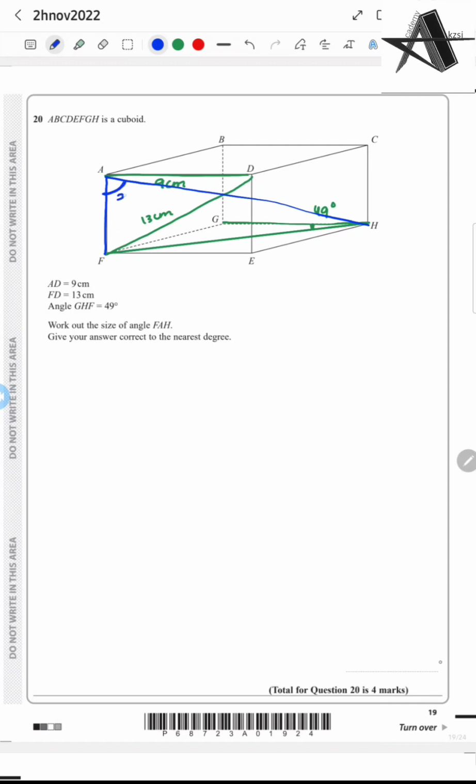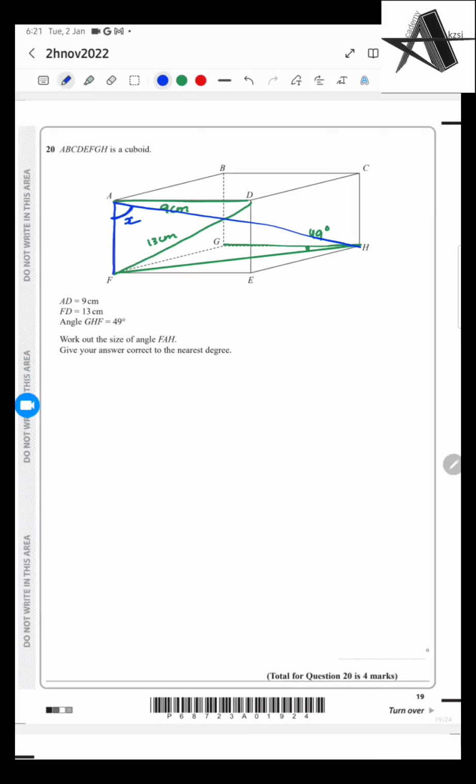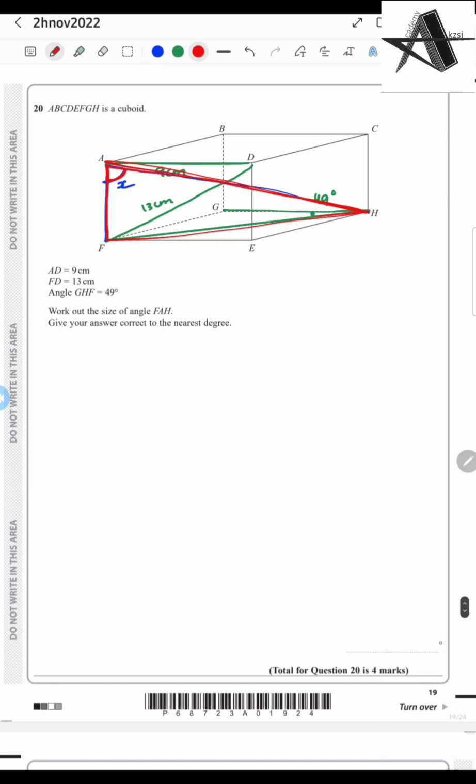Let me say this be x. So first thing is, such questions we have to go in reverse order. Reverse order means if I want to calculate this angle, I need this triangle. That means this is a right triangle, but at least I should know the two sides. So clearly I can calculate AF. How can I calculate AF? Let me see this triangle A, F and D. So I'm writing in triangle AFD.